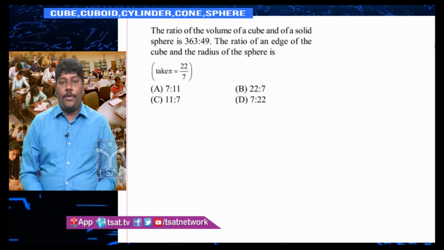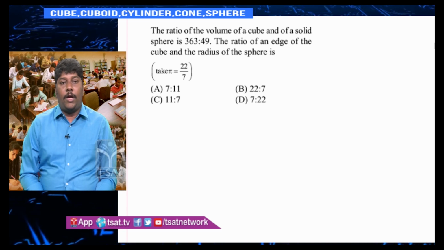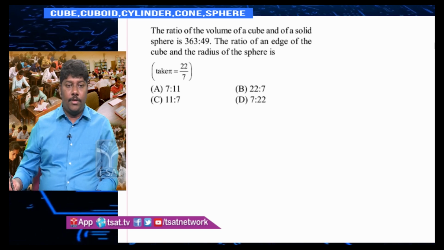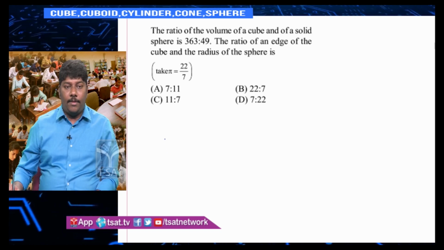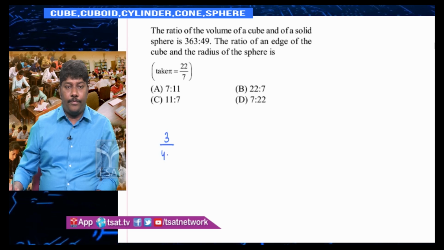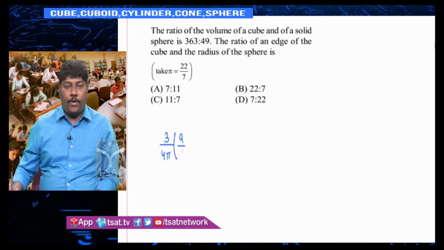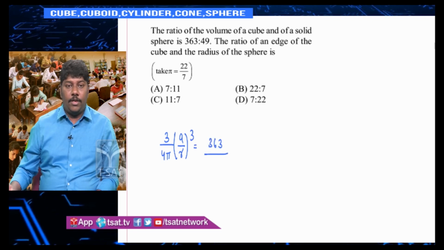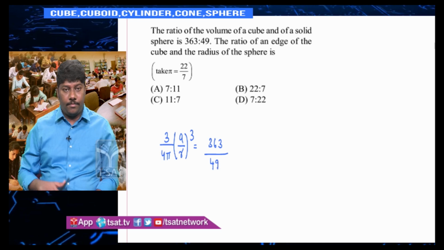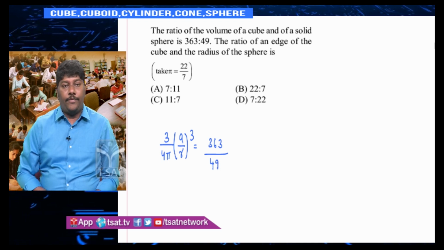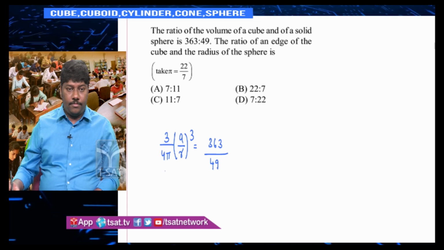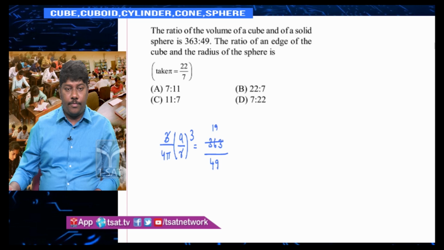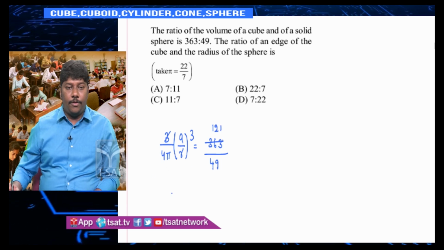The ratio of the volume of the cube and of a solid sphere is 343 is to 49. Just now we found out the ratio. So if 4 by 3 comes up, it becomes 3 by 4 pi into A by R whole cube. The ratio is 363 divided by 49. The ratio of the edge of the cube to the radius of the sphere. Now see here. 3 ones are, 3 120 ones are. This becomes 22 by 7 if it goes up.